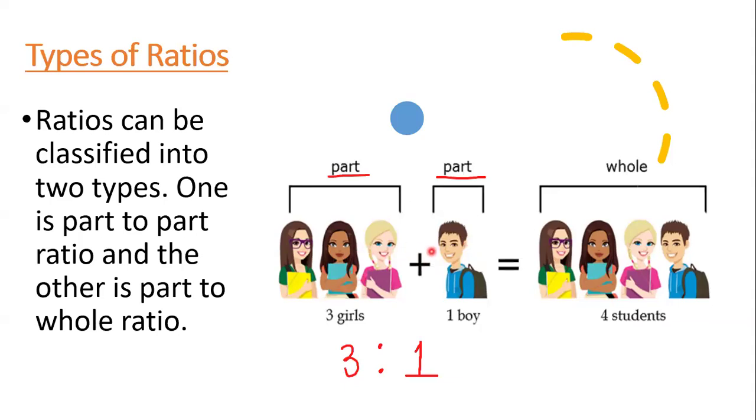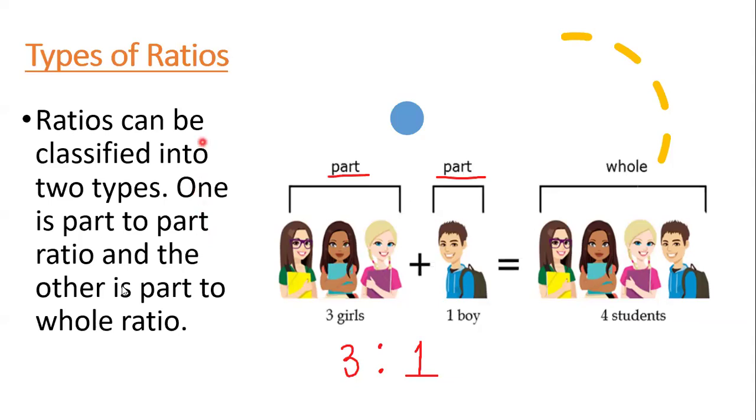They're on the same level. So when we talk about part to part, each part must share the same characteristics. Both of these are students, and both of these are sections or subsections of the whole. So that is a good way to look at it.